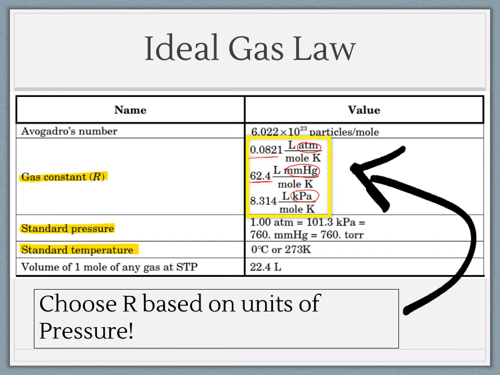If it's in kilopascals, you're going to choose this R value. Now, notice down here that 760 millimeters mercury is equal to 760 torr. Those are the exact same. So if you were to ever be given torr, you would just use the 62.4 because it's the same as millimeters of mercury.